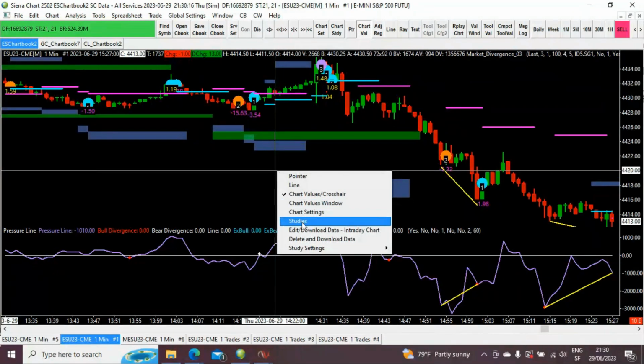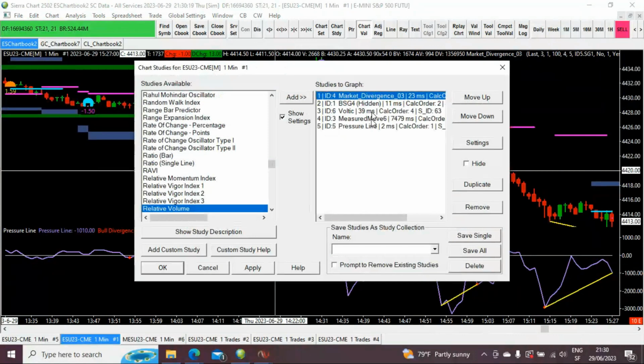The last one I want to put on this chart is BSG. Anybody remember what BSG stands for? Anyway, BSG is before she goes.